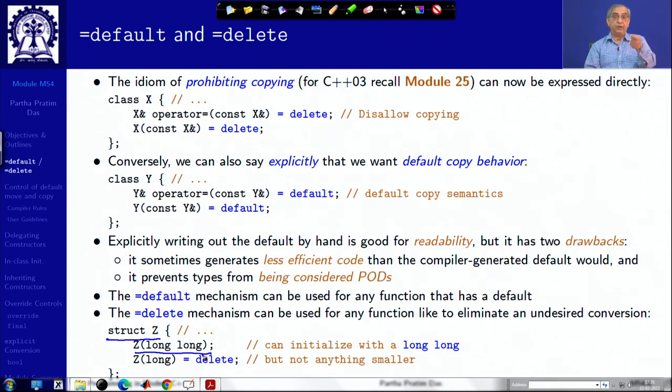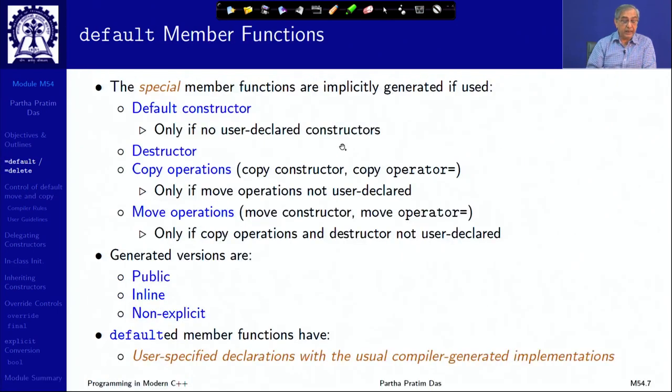Naturally, if you pass a long value to it, this object will get constructed. But suppose you specifically do not want to allow long values. What you can do is simply say Z(long) = delete, which means the constructor taking long as a parameter is a valid member function of this class, but you are not allowed to use it. So this is the basic idea of default and delete.